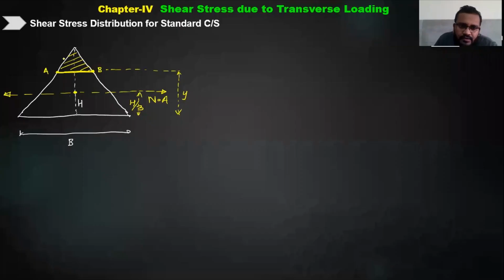Now, to find out the area of this layer, I'll have to find out the center of this layer from the neutral axis, and so on, right? So let us first find out the area. But before that, if I draw the half triangles for construction purposes, I'll be getting it like this.